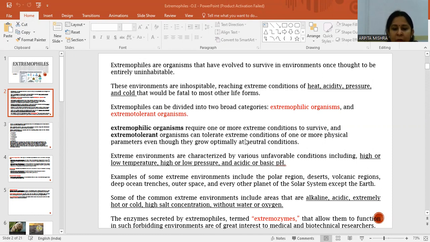So these extreme environments are categorized by various unfavorable conditions like high or low temperature, high or low pressure, high acidity, or maybe high pH, etc.